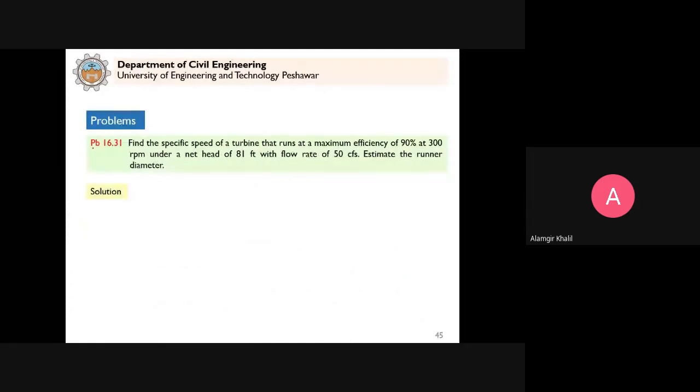Next is problem 16.31. So now in this case, find the specific speed of a turbine that runs at a maximum efficiency of 90% at 300 revolutions per minute under a net head of 81 feet with a flow rate of 50 CFS. Now we have to estimate the runner diameter. So now the overall efficiency is given.